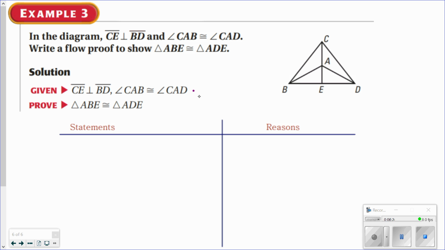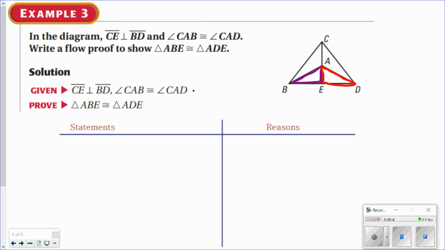So I'm going to highlight the triangles that we're trying to prove. ABE is this little triangle right here, and triangle ADE is this triangle right here. I want to try to prove that those triangles are congruent.